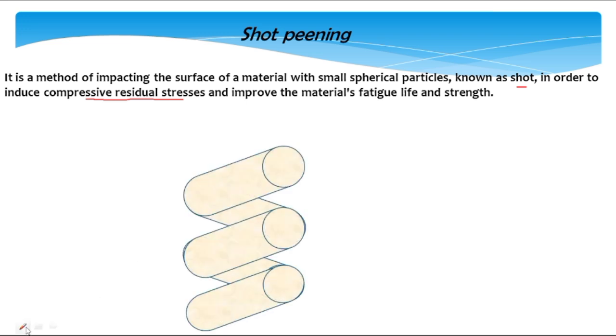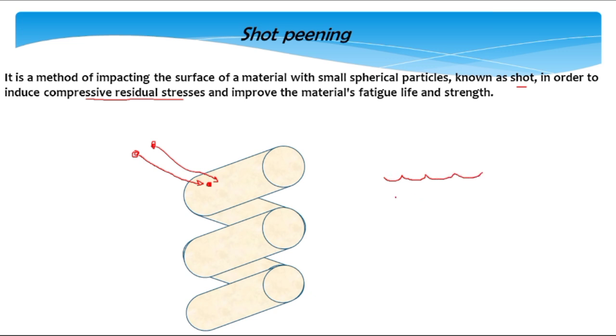Let's say this is a spring, and here let's say this is a small shot. This is thrown on the surface of the spring, and because of that, a small dent will be produced in the spring, and that will be like a dimple. Let's say this is a dimple. If another shot is also bombarded over here, it will produce another dent like this, and similarly the third one will produce like this, and the fourth one will produce like this.